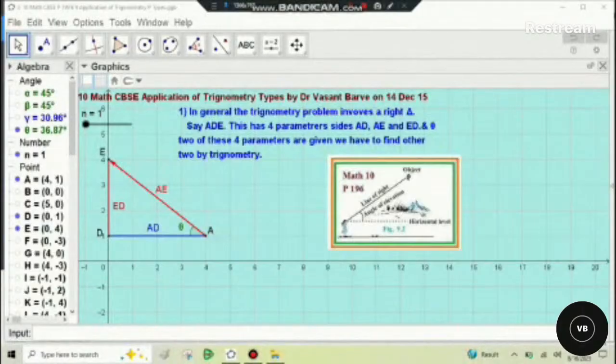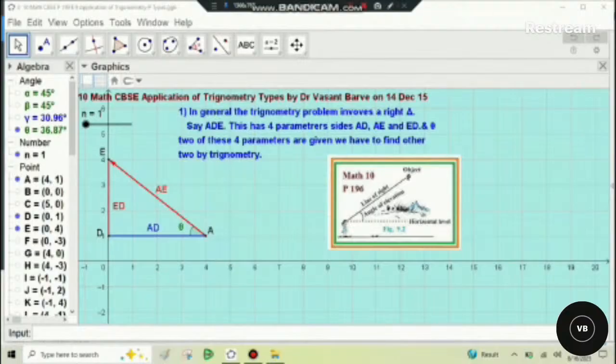Let's say triangle ADE here. Say this is the right angle, right? The two sides and the diagonal are related. Say AD divided by AE is cos theta, DE divided by AE is sin theta, and DE divided by AD is tan theta.